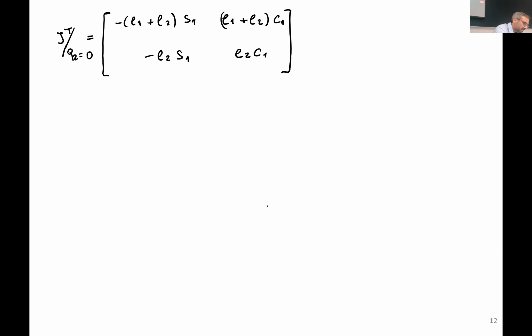And in this case, what is the column that represents, this is one dimensional, represent both of the two columns here, L1 plus L2.